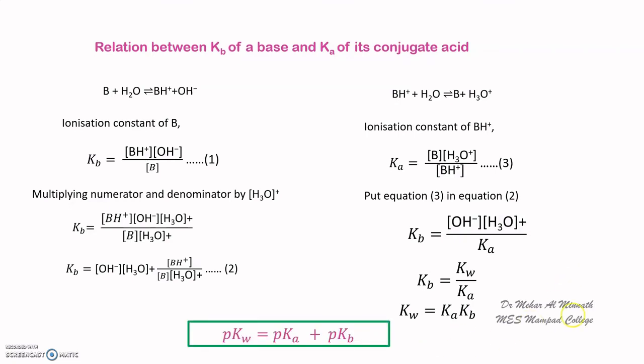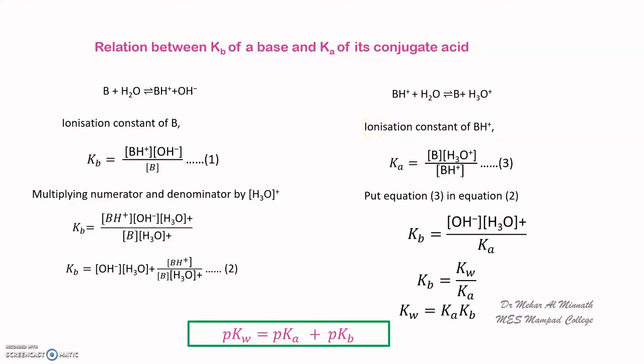In terms of negative logs, pKw will be equal to pKa plus pKb. And we know that pKw is 14, and Kw is equal to 10 raised to minus 14. So from this we can easily calculate the Kb or Ka of a conjugate acid-base pair. That's the beauty of this expression.